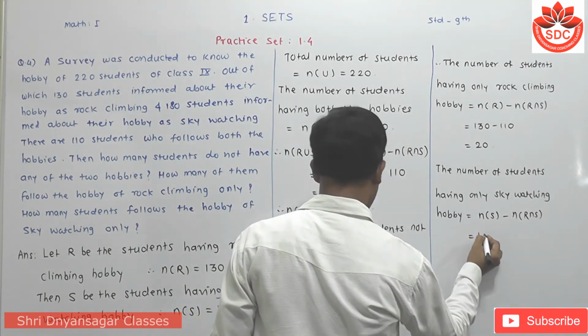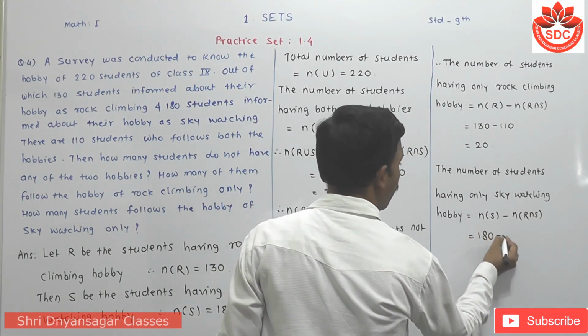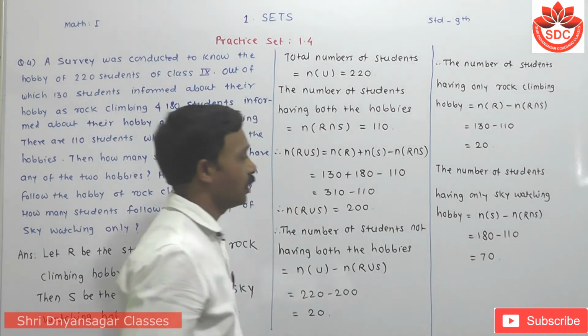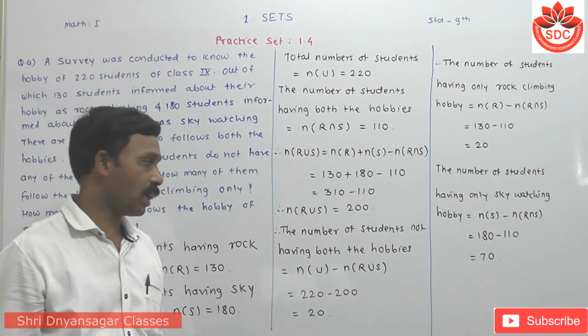That means 180 minus 110 is equal to 70 students having only the sky watching hobby.